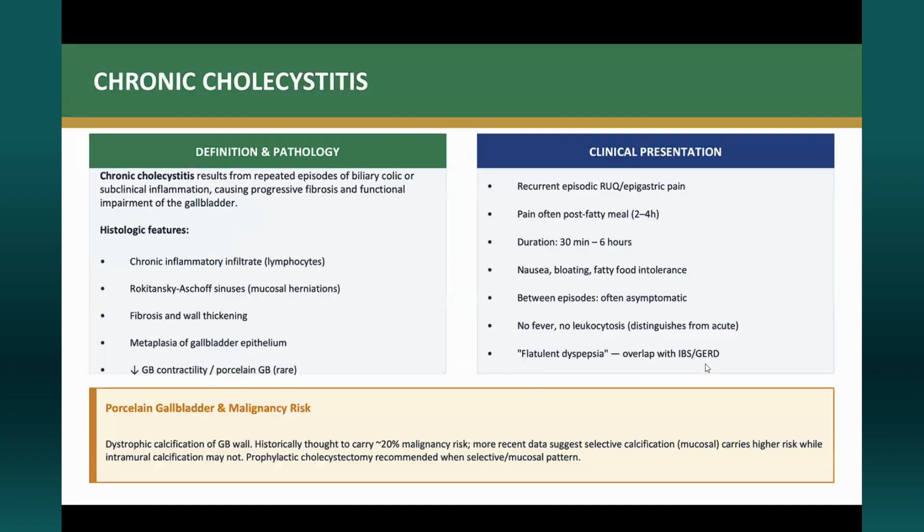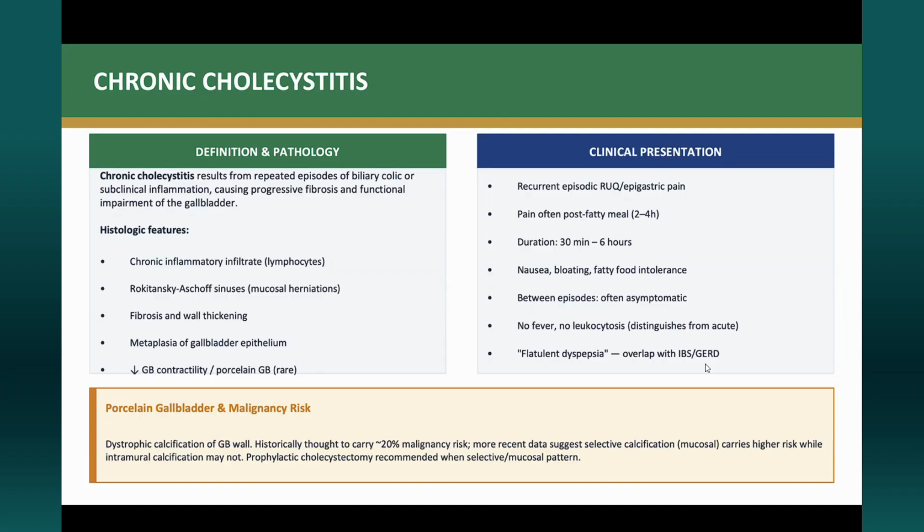You have also patients with chronic cholecystitis, those which result from episodic biliary colic or subclinical inflammation. Chronic means it has been there for a long time. So you have chronic inflammatory signs, which are mucosal herniations, fibrosis, metaplasia, and of course, increased motility and or porcelain gallbladder.